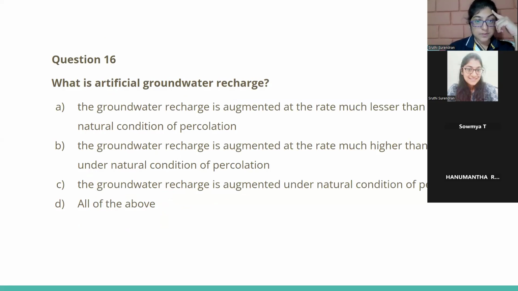Okay, what is artificial groundwater recharge? Go through the options well and then drop in your answers.